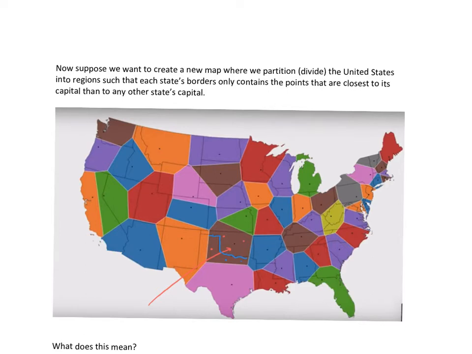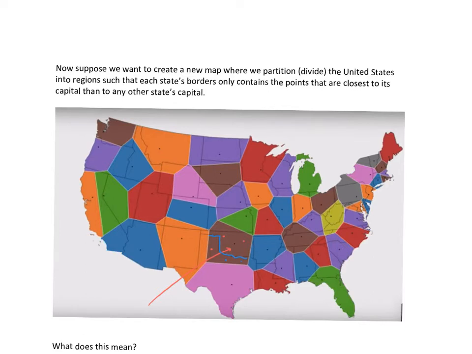So a Voronoi diagram creates these regions that contain points that are closest to a specific point called a site. Okay? So let that marinate for a moment. Go back and rewatch what I just said and let that sink in.